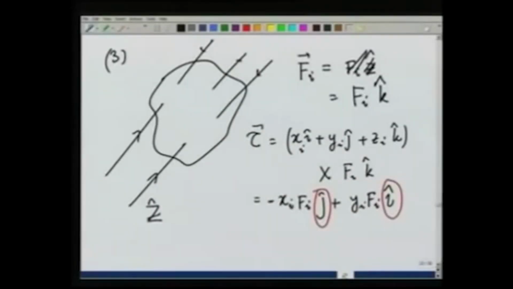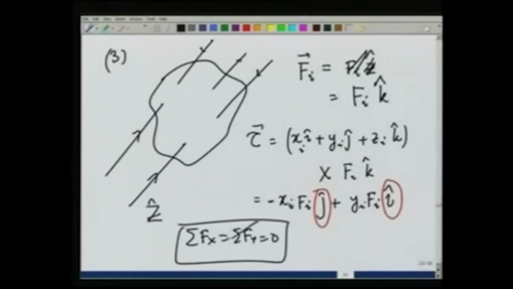Since there are no components of the force in x and y direction in this case, summation f x is equal to summation f y is equal to 0 is automatically satisfied. I need not consider it.